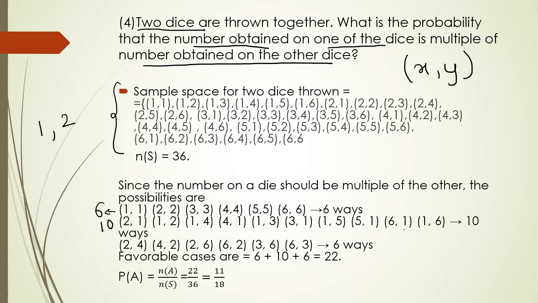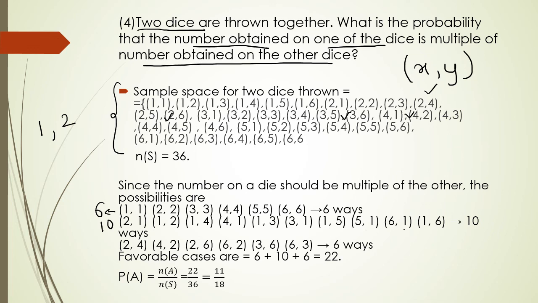Then next, if I'm checking, there is 2, 4. For 2, 4, yes, one is a multiple of the other. Consider 2, 5, we cannot. 2, 6, yes, can be considered. Next, I can consider 3, 6. Then I can also consider 4, 2.